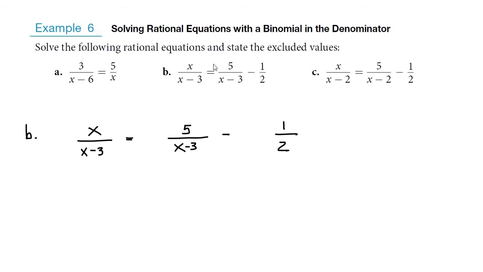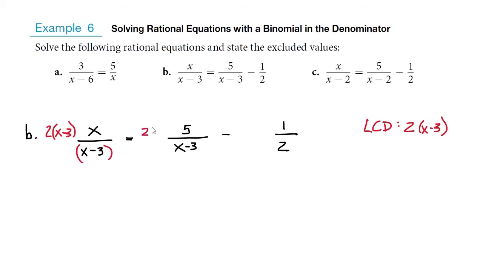So in part B, we have x divided by x minus 3 equals 5 divided by x minus 3, subtract 1/2. So in this case, the least common denominator is going to be 2 multiplied by x minus 3. So I'm going to multiply everything by that, 2 times x minus 3.